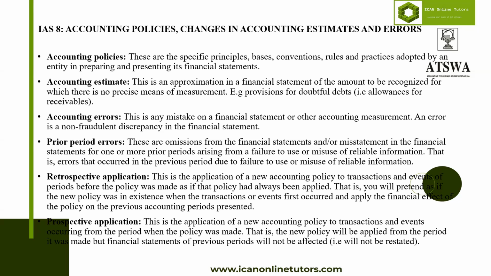Error is different from fraud. That is why we say an error is a non-fraudulent discrepancy in the financial statements. But as accountants, we need to be careful to ensure that no error is identified during the preparation of financial statements. Prior period errors. What is prior period?